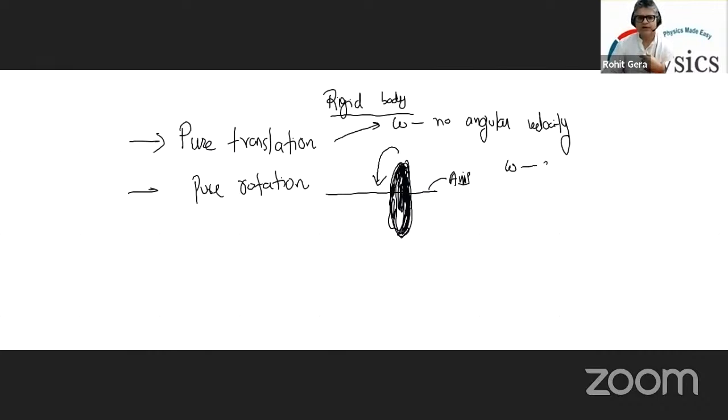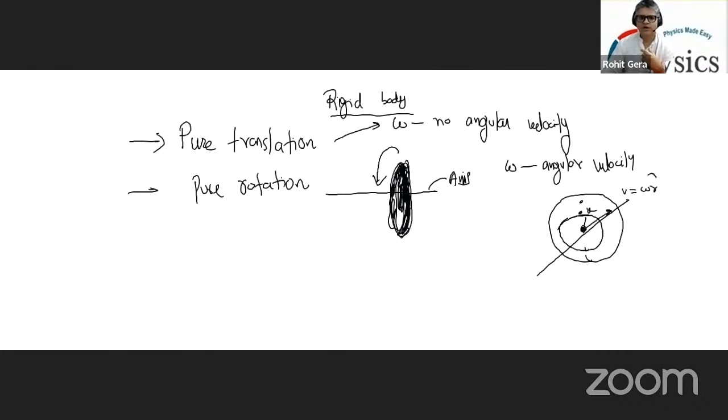So a rotational motion has angular velocity and different points on the disk. For example, if we have a front view of the disk from the axis, you see the different points, they are at different radius, and therefore each one of them will have a different velocity, because omega is same, different velocity. So v is equal to omega r.